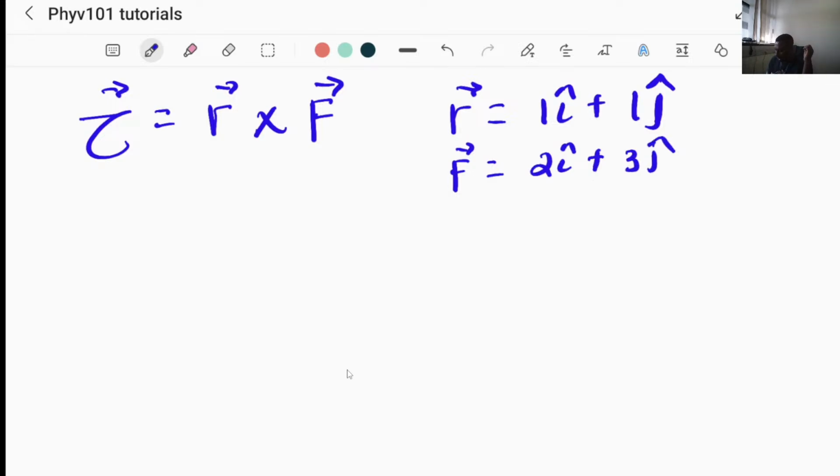Knowing this, I also said you need another piece of information. You must know the vector cross product between two vectors. Radius is a vector, force is a vector. This is actually using a determinant way of vector calculus. Put your I, your J, and then K.